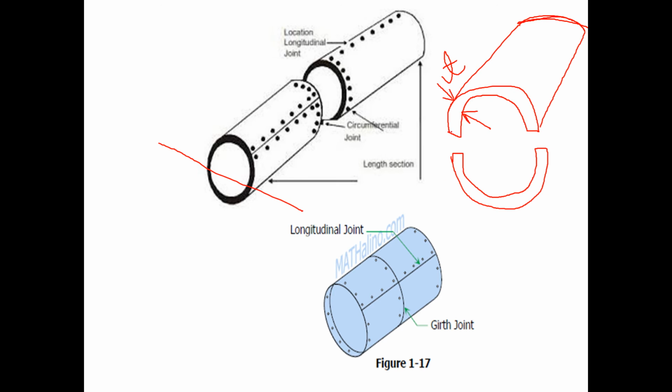When you join the upper half portion with the lower half portion in butt manner, you have to touch them like this. This is the butting process. Fine. So at this end, how can you join? You have to use some joint.